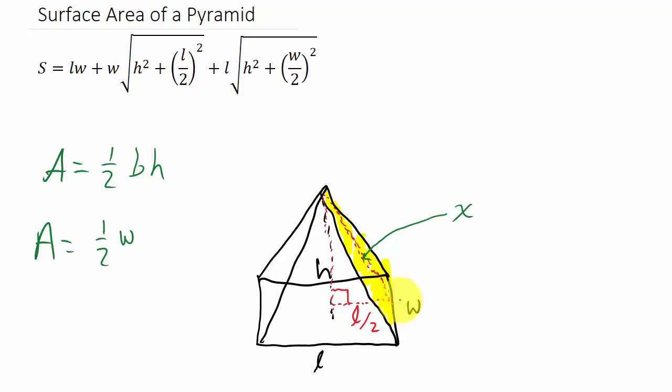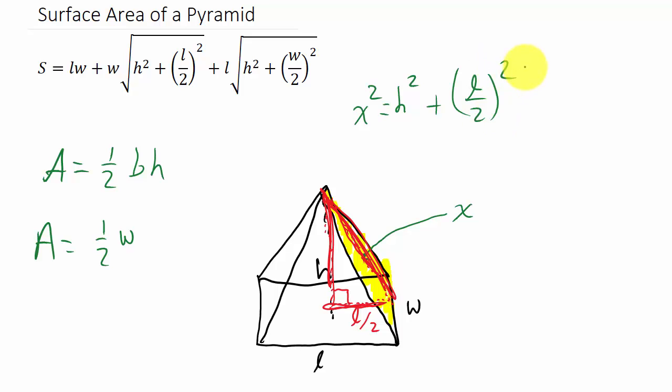This is the hypotenuse of this right triangle here. Remember that the hypotenuse squared is equal to this side squared plus this side squared. And so x, the hypotenuse, is equal to the square root of h squared plus l over 2 squared.